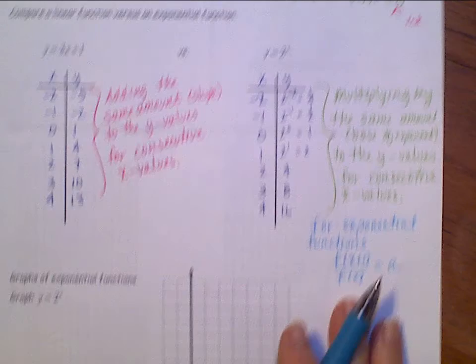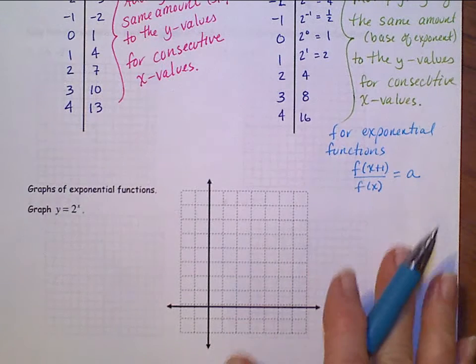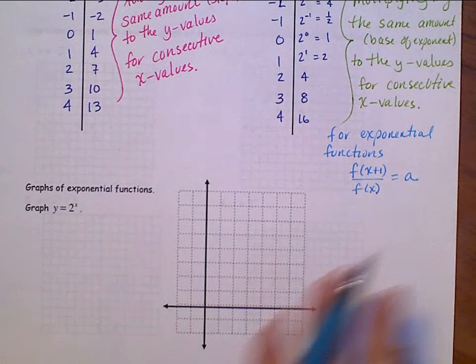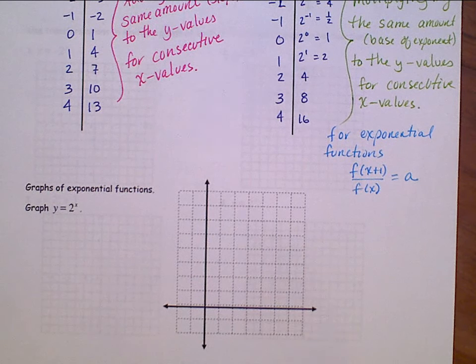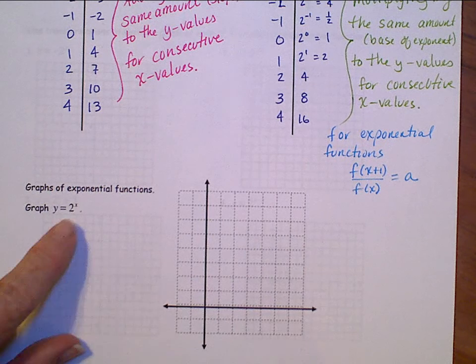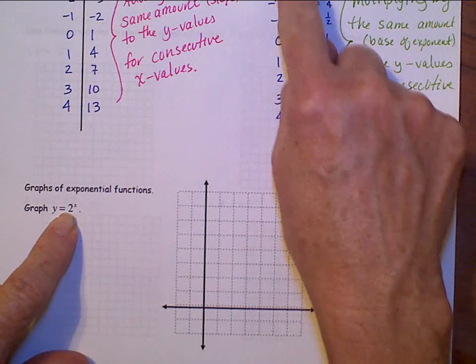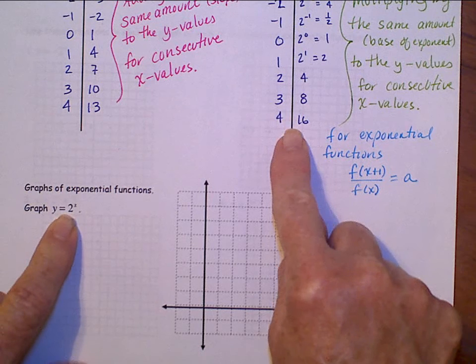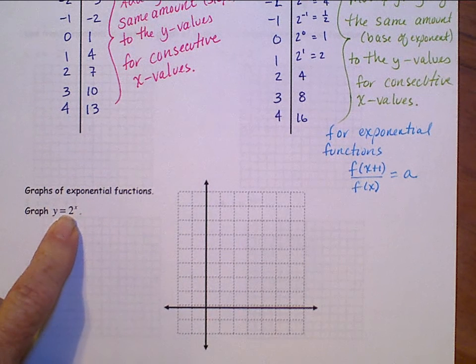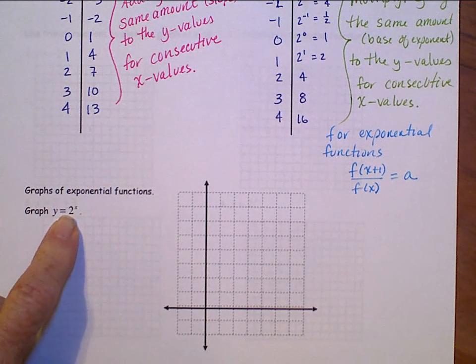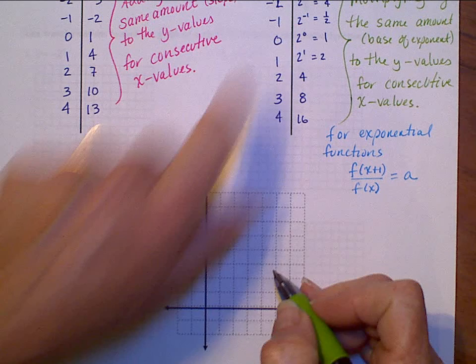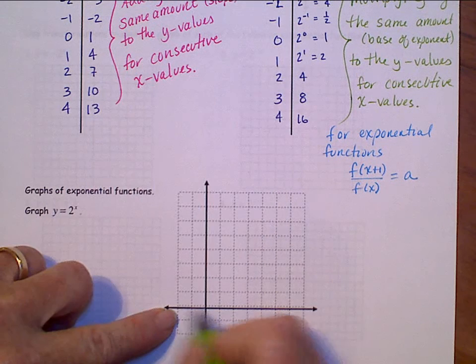All right, now let's graph some exponential functions. And we are just going to start by plotting points. And very nicely, y equals 2 to the x. Look, we had some points generated over here already. So we can just go ahead and plot those points. -2, 1/4.